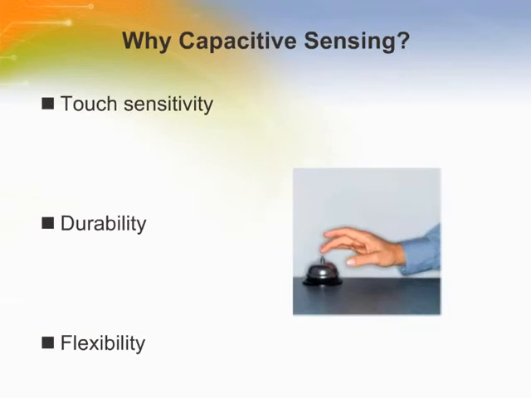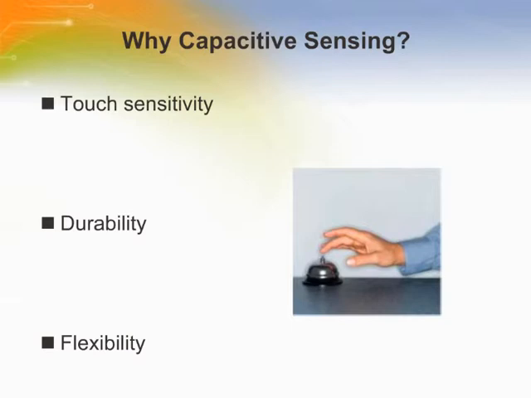There are several different ways to implement a touch-based system. This includes the use of resistive film, infrared sensors, or even surface acoustic waves. So with the different options available, why use capacitive sensing? First, there is sensitivity. Capacitive sensing is enabled with a light touch of a finger, without the need for a stylus or pressure that is sometimes required with resistive films.